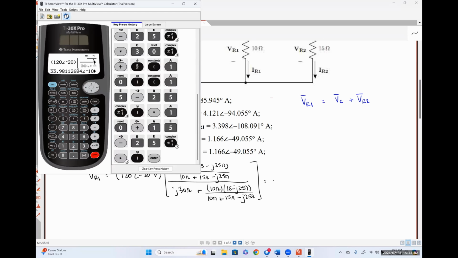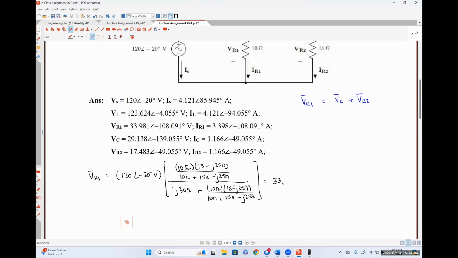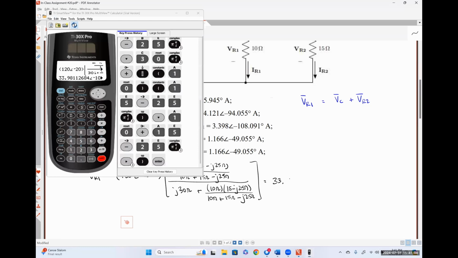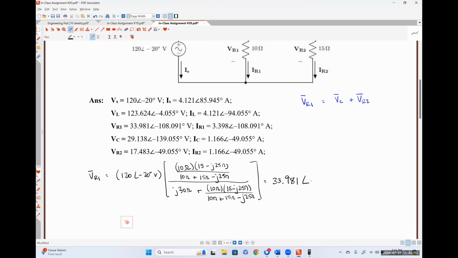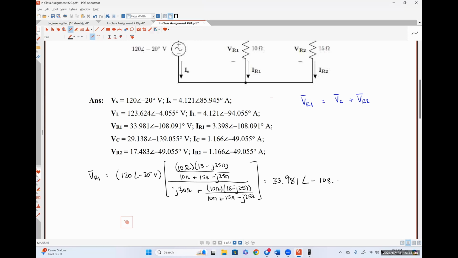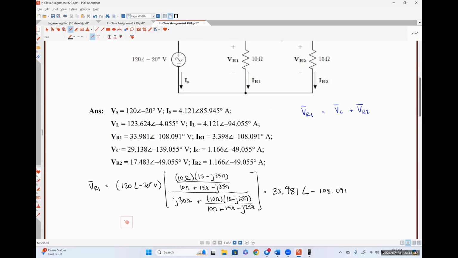And I got 33.981 with an angle of negative 108.091.